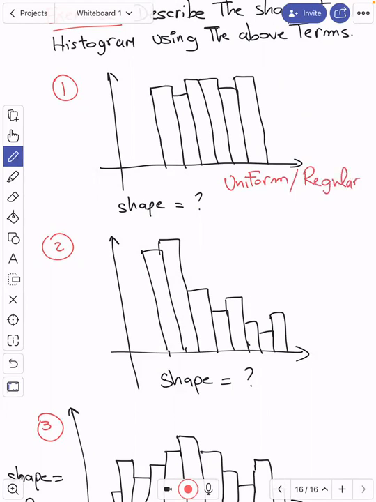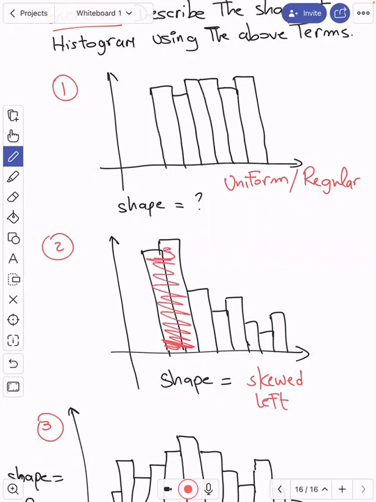Number two, as you said, guys, would be skewed left, because, as you can see, the classes with the highest frequencies are just on the left side, right?